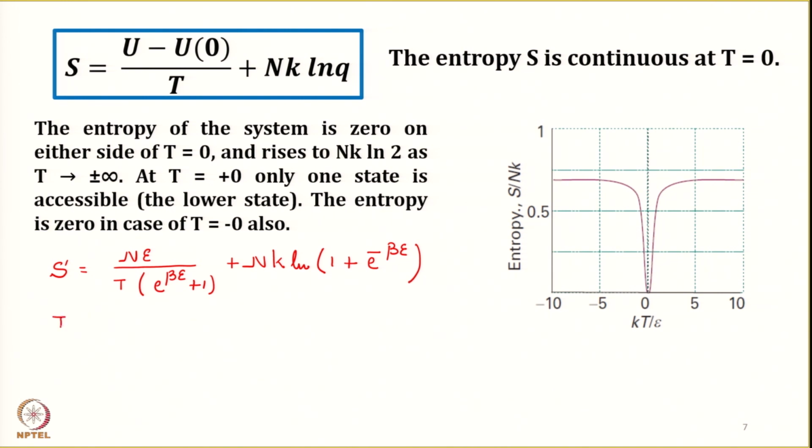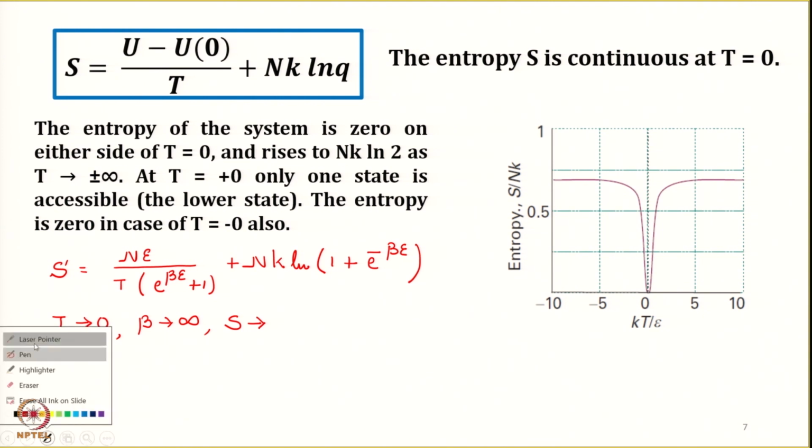Let's say when I talk about T approaching 0, then beta is approaching infinity. Beta is 1 over kT. And then what is the value of S approaching? If beta is infinity, then since infinity appears in the denominator, the first term disappears.